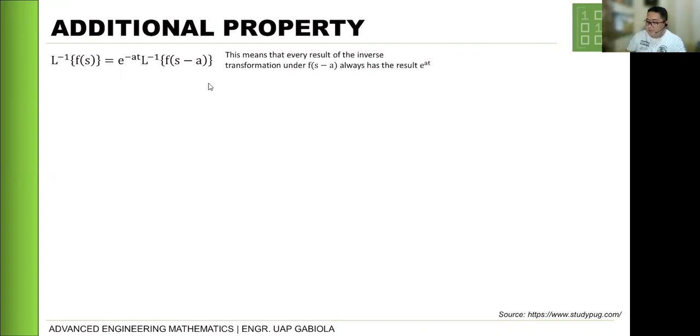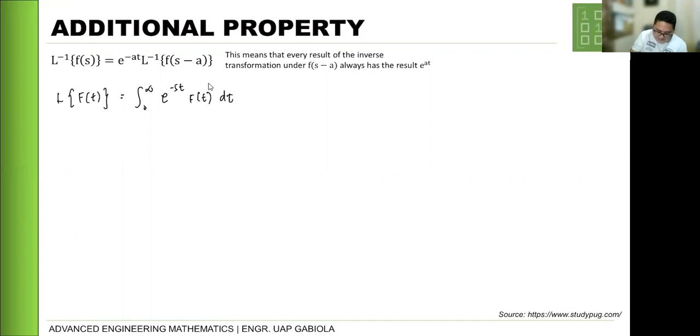So what does it mean? So let's say we go back to sa original equation natin for Laplace transform. Di ba yung original niya is L of f of t. Ang Laplace transformation niya is integral from 0 to infinity of e negative st, then whatever inside ng f of t natin, dt. Okay?